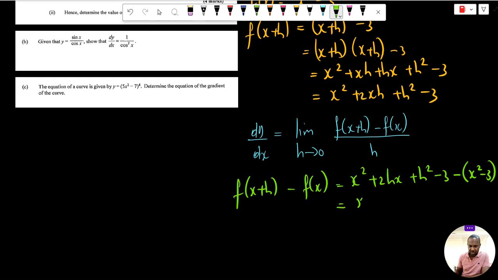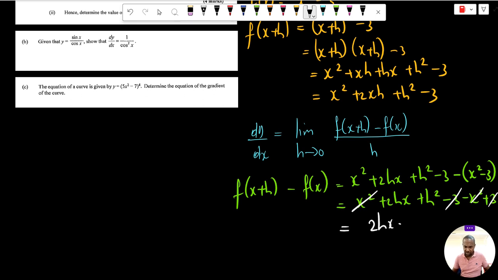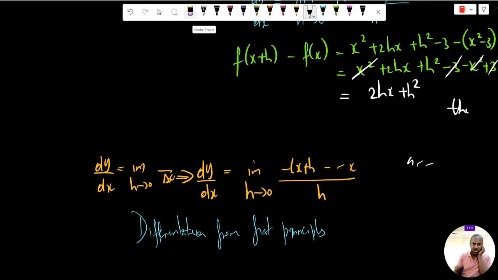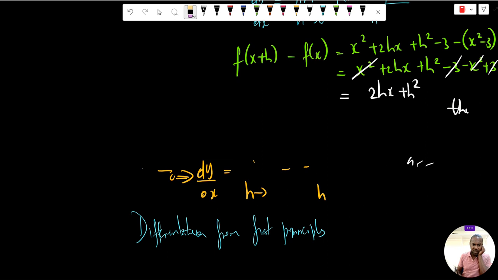So expanding the brackets, we get x squared plus 2hx plus h squared minus 3 minus x squared plus 3. And some cancellation will now take place. The x squared terms will cancel, and the 3s of course will cancel, and this leaves us with 2hx plus h squared.